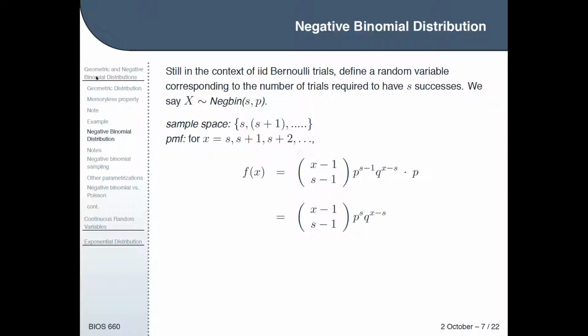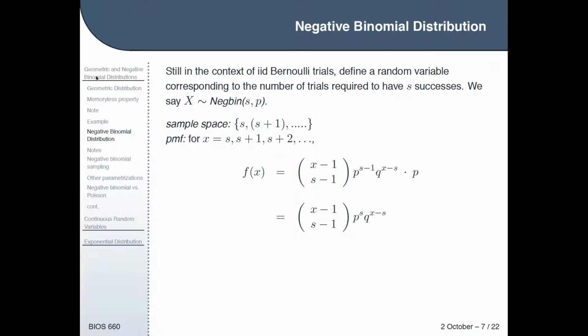It's similar to the idea for the geometric distribution: you have to get S successes with probability P to the S, and X minus S failures with probability Q, which is equal to 1 minus P, to the X minus S. But this is slightly more complicated because with the geometric distribution, there was only one possible order this could happen: you had to get X minus 1 failures followed by 1 success. That's the only possible order there.